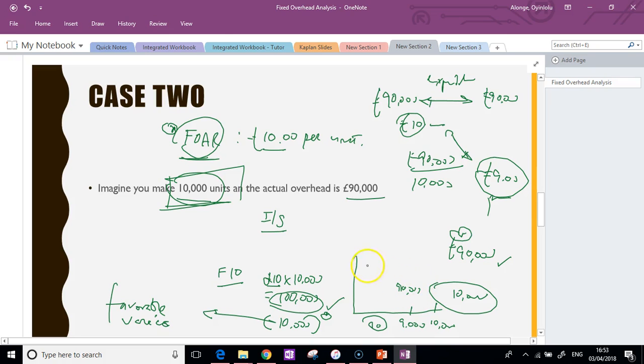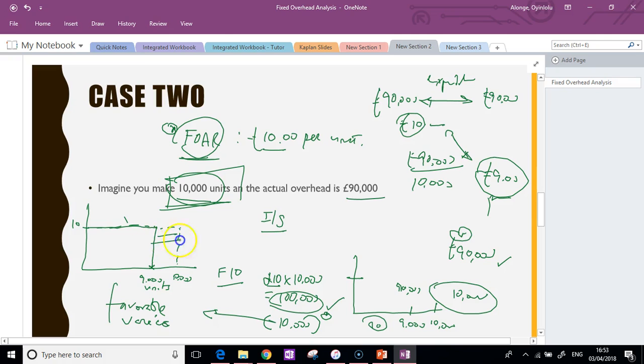Let me just do this thing I did over here. This is why I drew the diagram for you, so you can see what happened here. You had 9,000 is what you were basing it on. So the argument was coming from case 1. I expected that if it was just 9,000 units I made at £10, that's where it would stop. It'll look exactly the same. But you've gone ahead and you've made an extra 1,000 units, and you've made therefore 10,000 units.